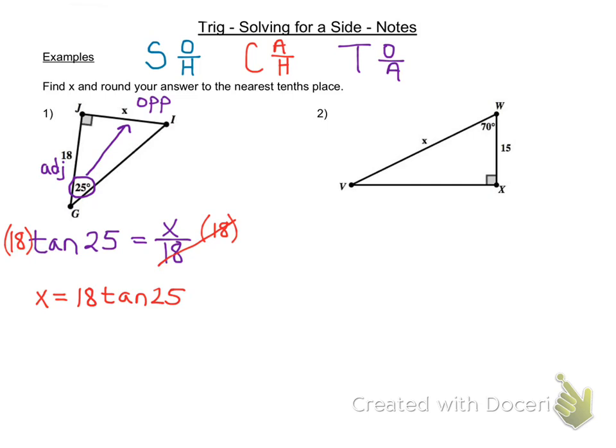Now you're going to want to type this in your calculator. So you're going to type 18 times tangent of 25, and you'll get the answer, x equals 8.39, and we're rounding to the nearest tens place, so that's going to be 8.4.